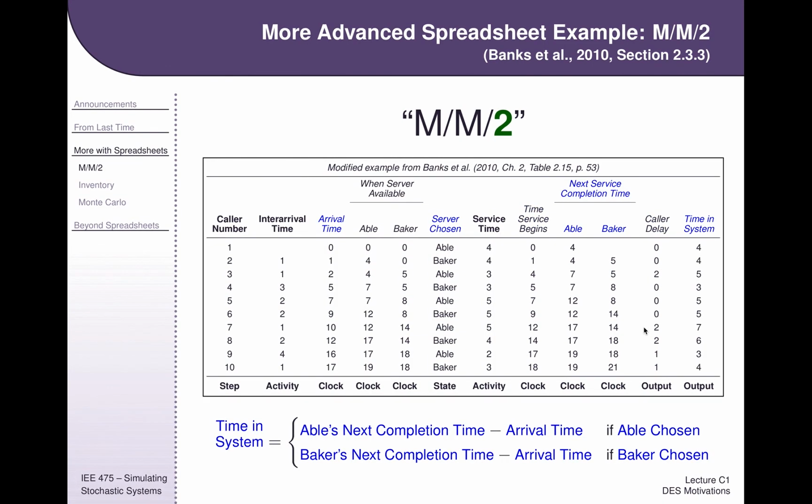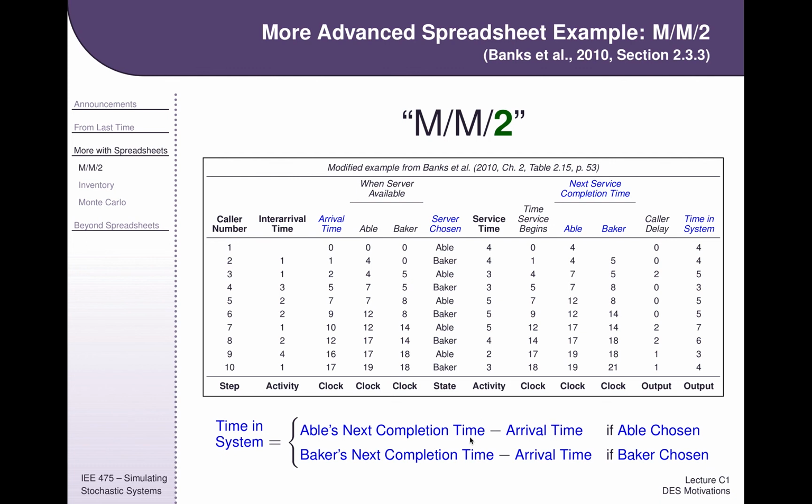And then the response time, the time in system, well, this gets a little more complicated because we have to keep track of who was chosen. And so we can say, well, if this customer was handled by Able, then when will Able complete next? And when did this customer arrive?